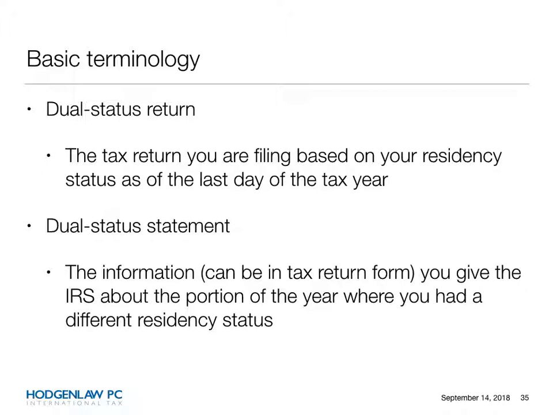The second part is the dual status statement. This is to show the IRS income, deductions, exemptions, and credits for the first portion of the year where you had a different residency status than the later part of the year. This can be in a tax return format or whatever format you find most organized. I'll go over dual status statements a bit more in detail in a few more slides.